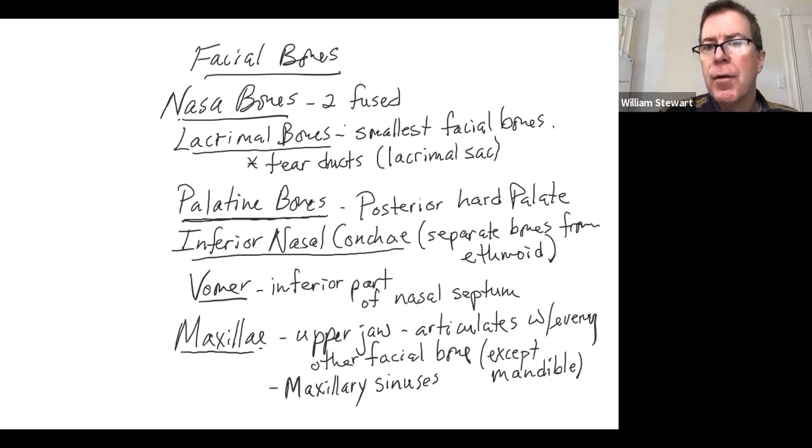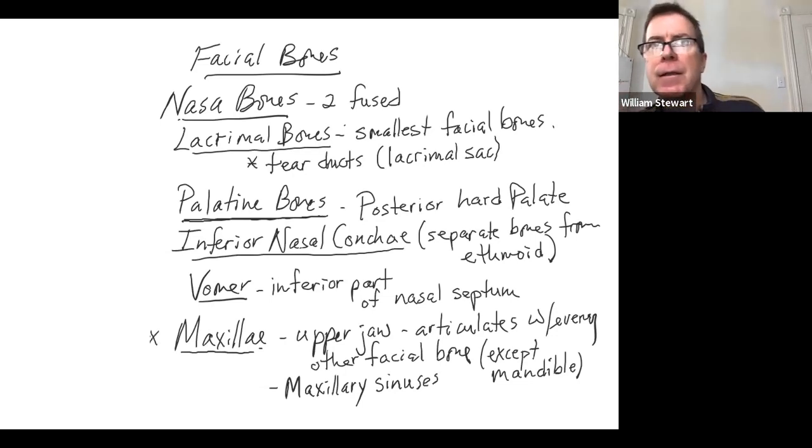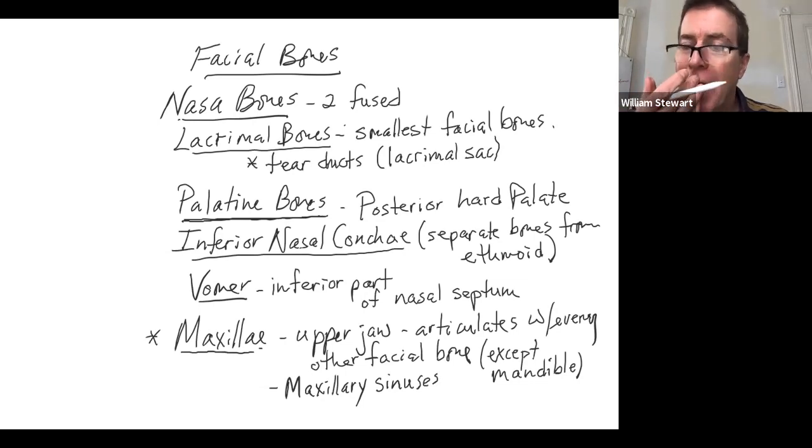The bones of the maxilla are pretty much completely fused at birth. If they don't fuse properly just prior to birth, that's known as a cleft palate. A cleft palate is when the maxilla in the newborn is not fused properly.